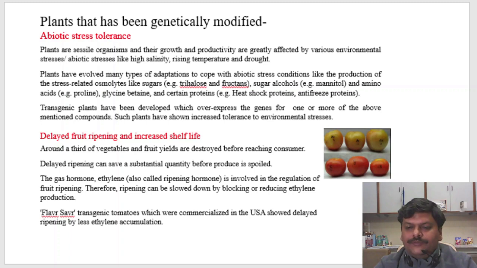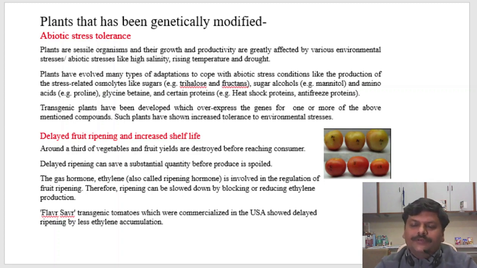Another example of genetic engineering based development of useful crops is the increase of shelf life. As per some studies and estimates, globally around one third of total vegetable and fruit produce degrades because of early ripening, or ripening before it can reach the consumers.